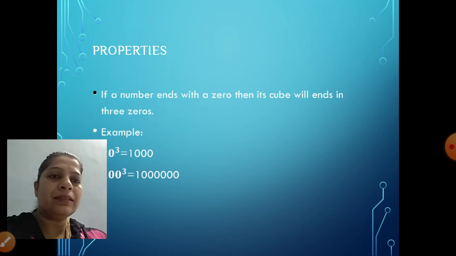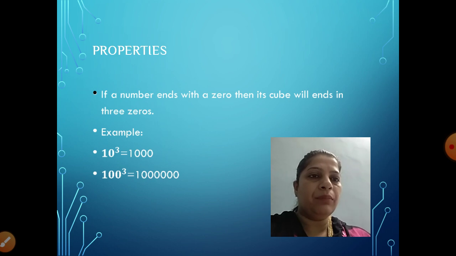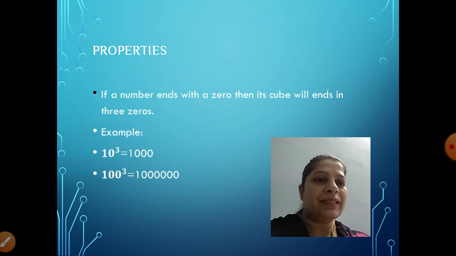Now we have to see the property of 0. In square numbers, if there is 1 zero, then the square number will contain 2 zeros. If 2 zeros, then the square number will contain 4 zeros. That is 2 times. But in a cube it will be 3 times. 1 zero becomes 3 zeros. 2 zeros become 6 zeros.